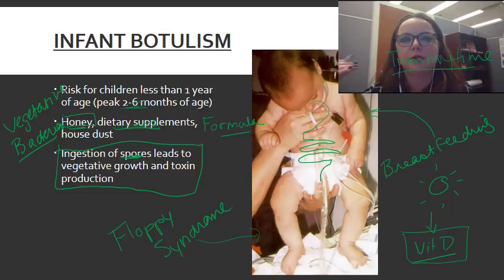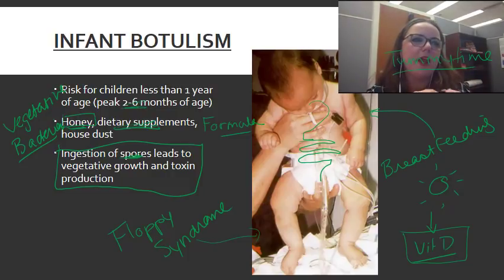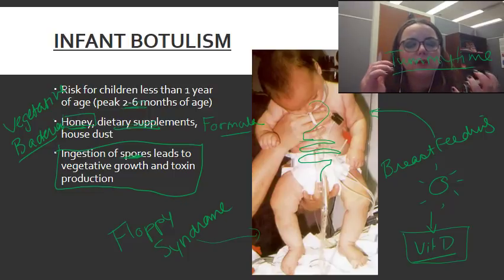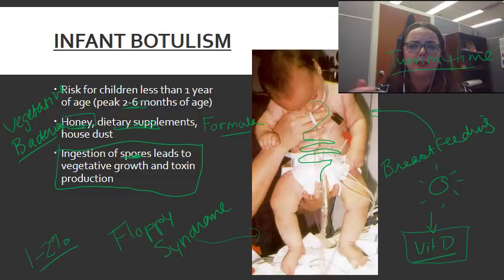At first, the symptoms are nonspecific: weak cry, constipation, kind of a vague failure to thrive phenomenon, and then it progresses to flaccid paralysis and respiratory arrest. The good news is mortality is very, very low as long as we can get these kiddos on some respiratory therapy. It's only about 1 to 2%.